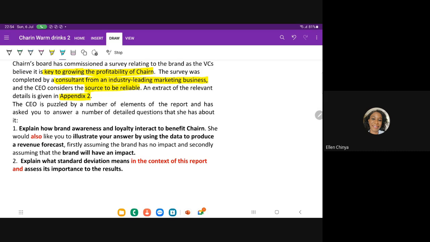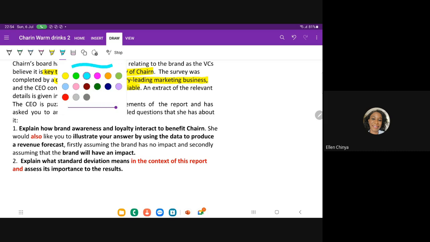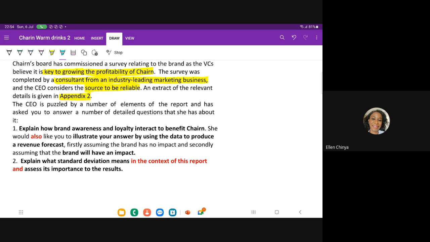Okay. So now the question is actually trying to ask a lot of different things from you. So try to understand these requirements very carefully because this part is of 16 marks, right? First requirement: explain how brand awareness and loyalty interact to benefit Sharon.